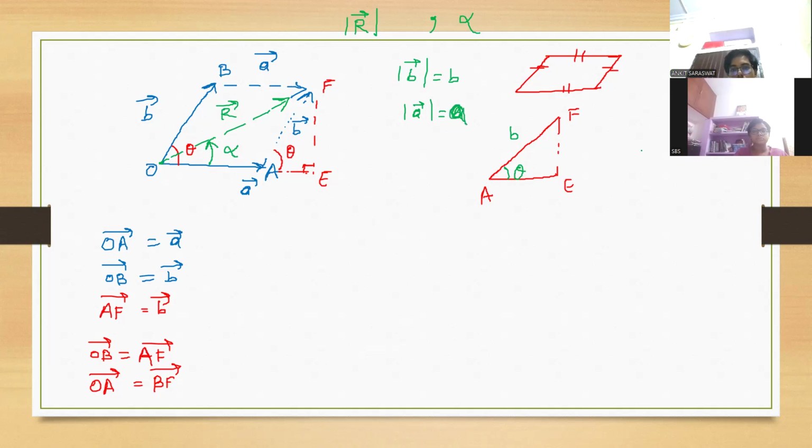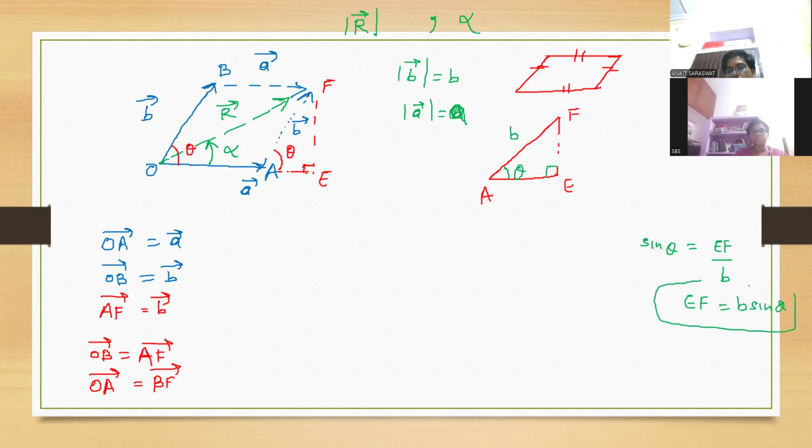Clear? If this is B, then what is sine theta? Sine theta is perpendicular by hypotenuse. This is 90 degrees. So sine theta is perpendicular EF by hypotenuse B. So what is EF? B sine theta.